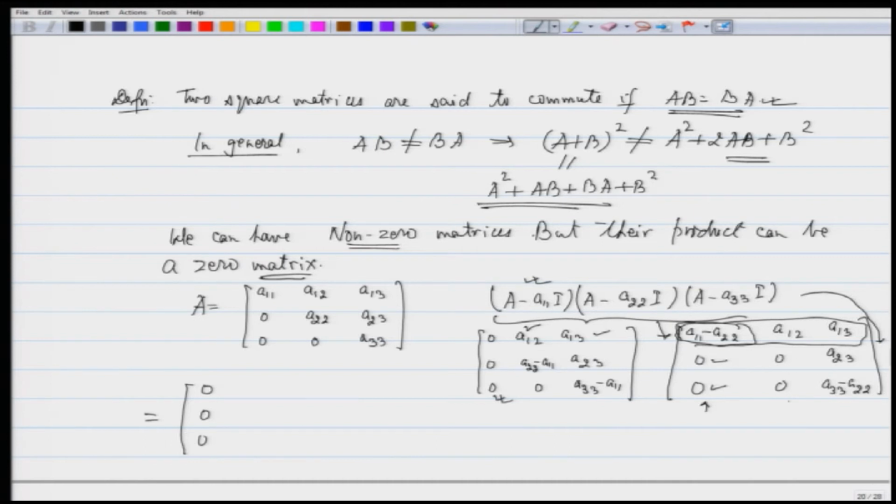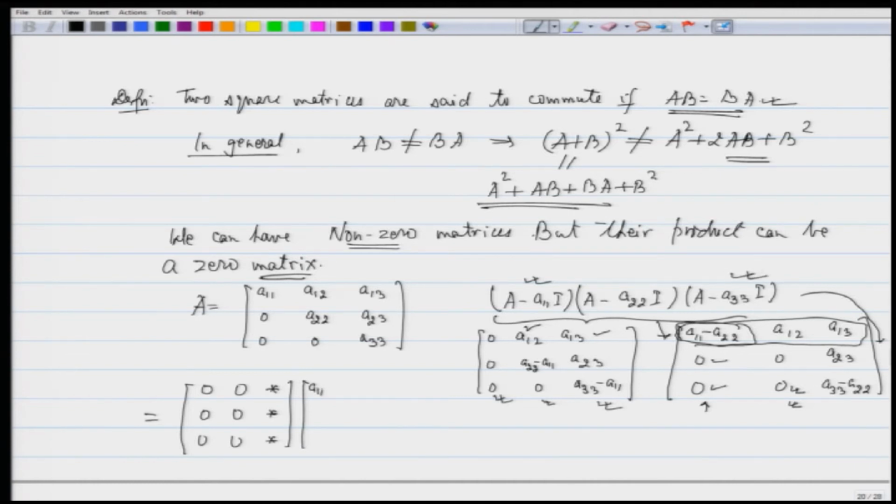If I look at the second column of this product, it will be A12 times 0, which is 0, and again 0 times the third column, which will again be 0. And here I will have some entries, I do not know what they are. So, this is the product of the first 2 matrices. Now, let us multiply with the third one, A minus A33.